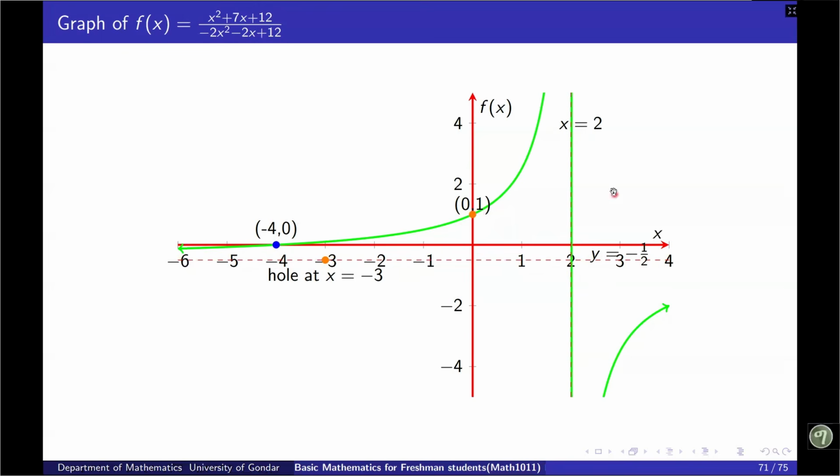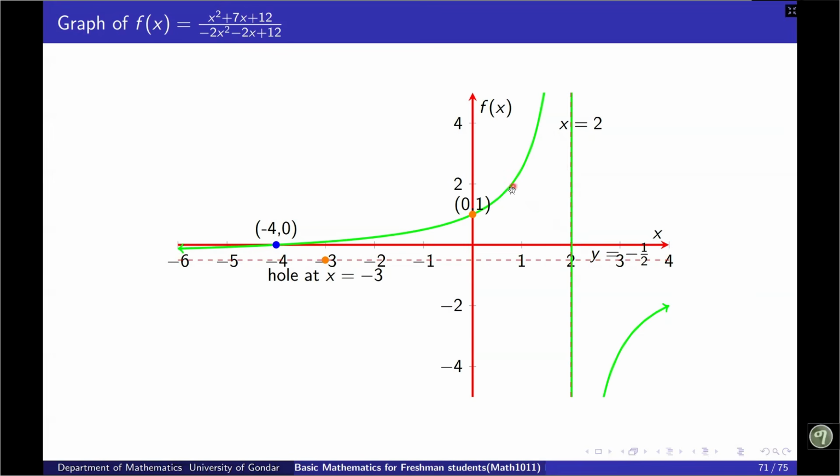So the property of the graph near the vertical asymptote x equals 2 will be, from the right, the graph approaches the vertical asymptote and it approaches the horizontal asymptote from below. Similarly, from the left side of the vertical asymptote, when x approaches 2 from the left, its functional value will increase indefinitely.